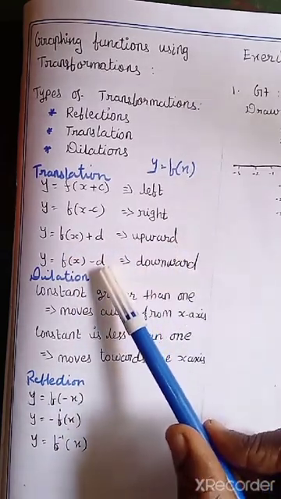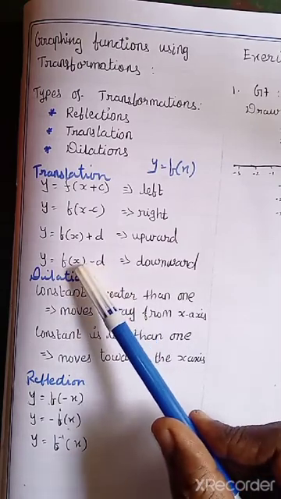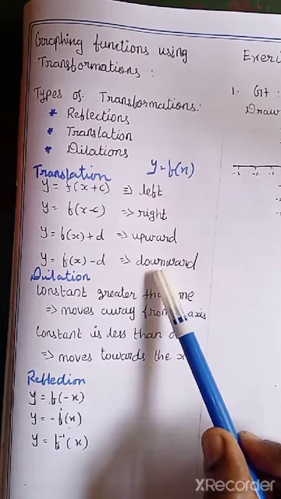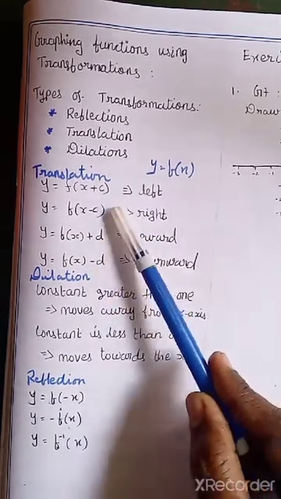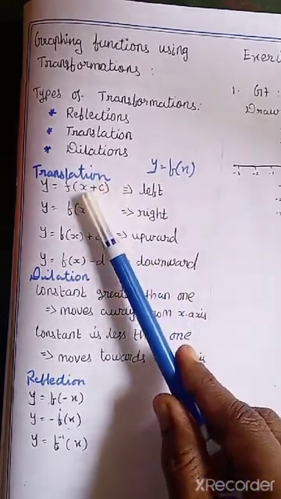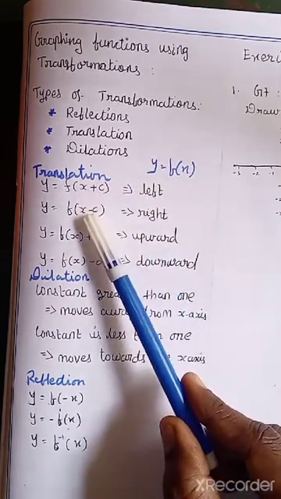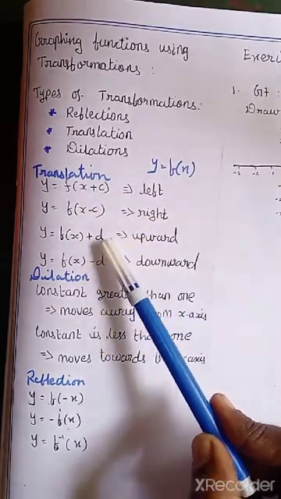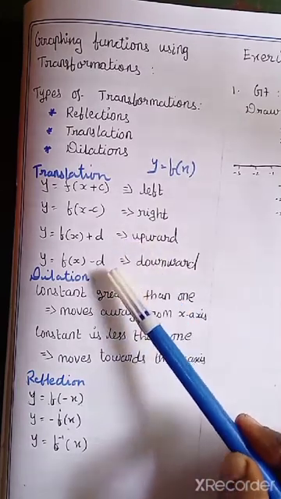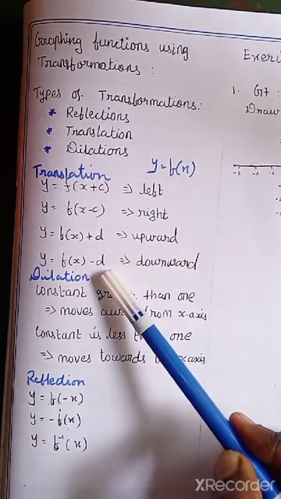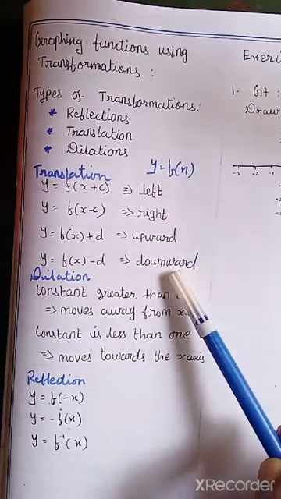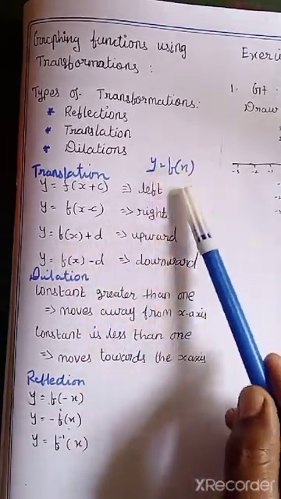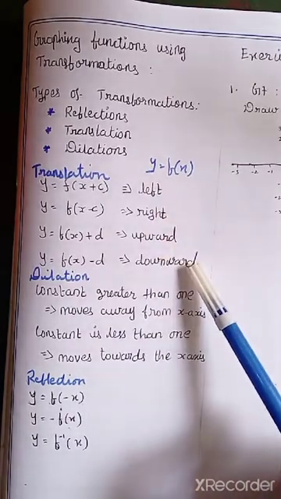If you subtract the constant outside the function, you have to move the graph downward, right? Add constant inside the function, left; subtract inside the function, right. Add constant outside the function, upward; subtract constant outside the function, downward. This is your translation. These four points you have to keep in mind.